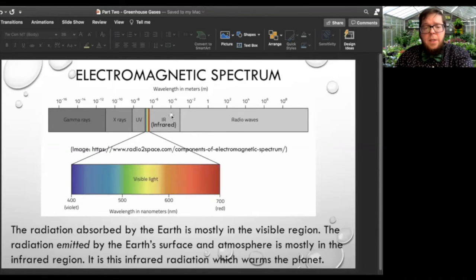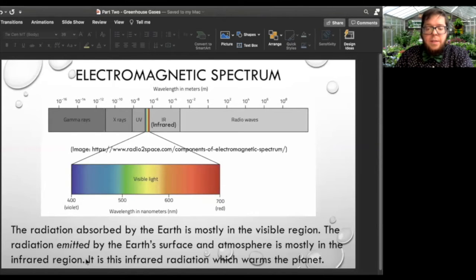Now the radiation absorbed by the Earth from the sun is mostly in the visible region. The sun doesn't emit everything; what it emits is mostly visible light, with some ultraviolet and some infrared. This comes in through the atmosphere, is absorbed by the atmosphere and by the Earth's surface, and then is re-emitted by the atmosphere and the Earth's surface, usually in the infrared wavelength range.